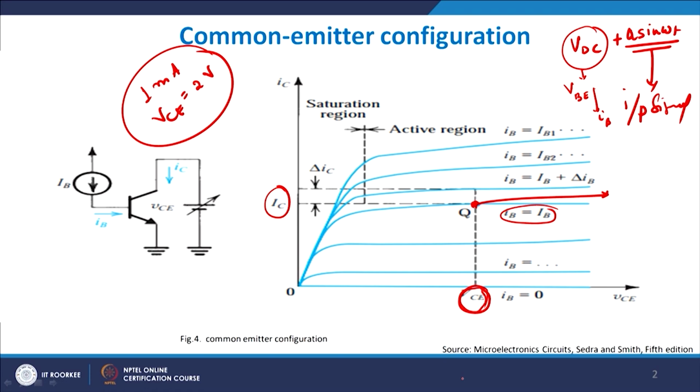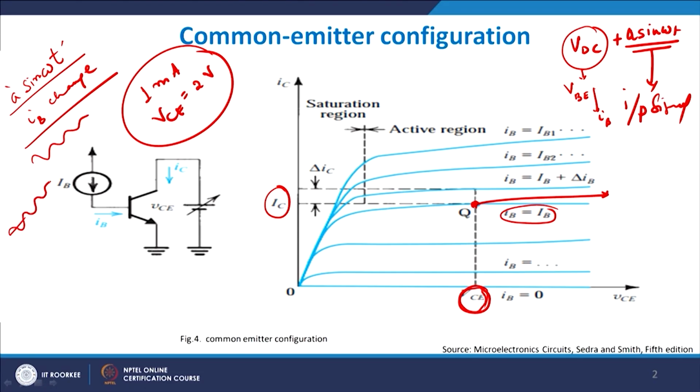Now I give the input signal, which is A sin omega t. As a result, my current IB will also change sinusoidally. So I have a DC bias and an AC signal overriding it, which is basically my sinusoidal input signal.